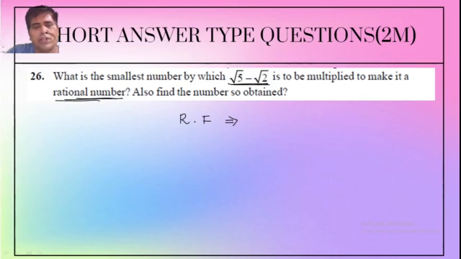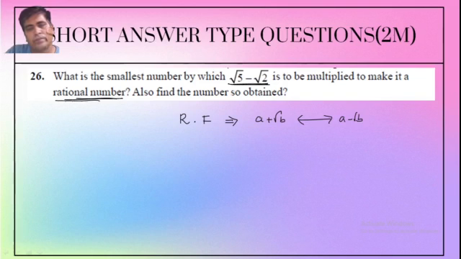Suppose a plus root b. For a plus root b, what is the rationalizing factor? A minus root b. For a minus root b, it is a plus root b. This is vice versa.